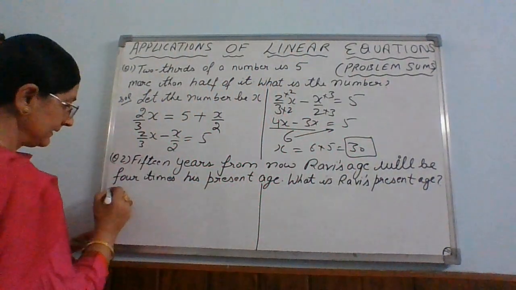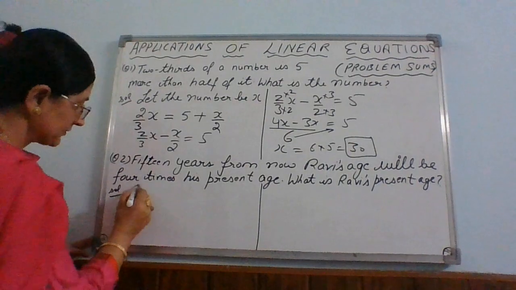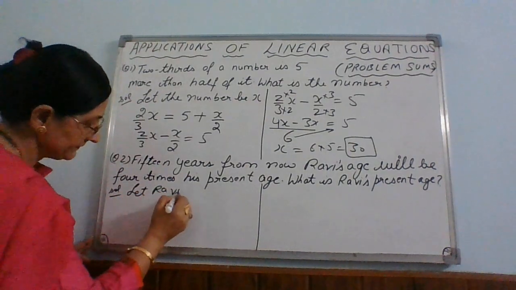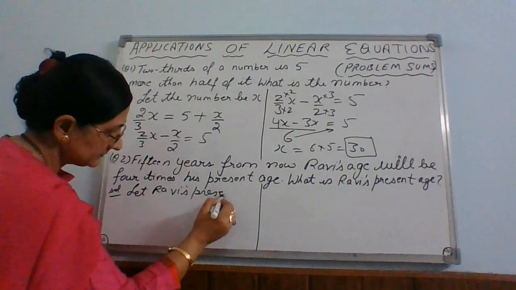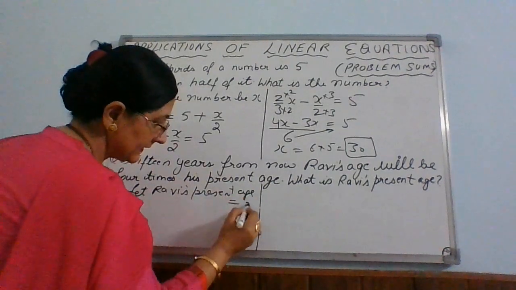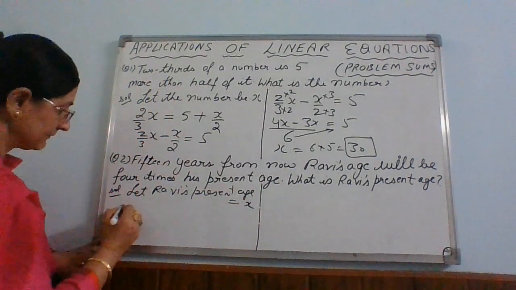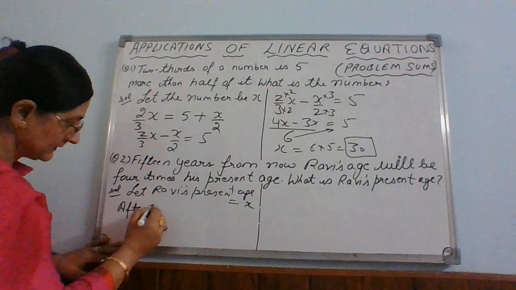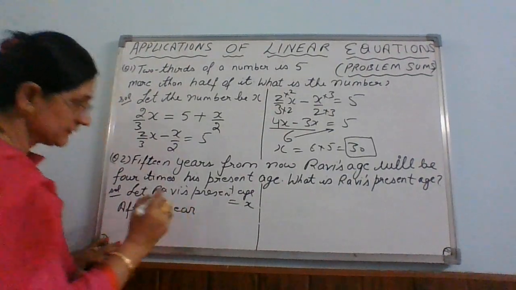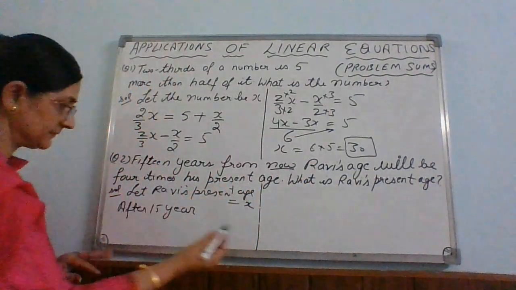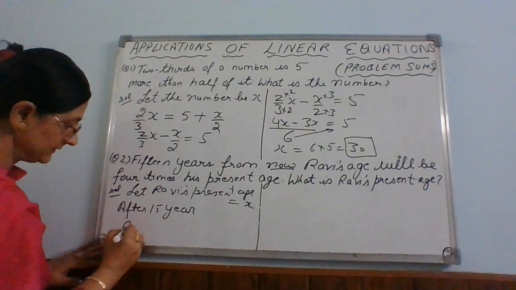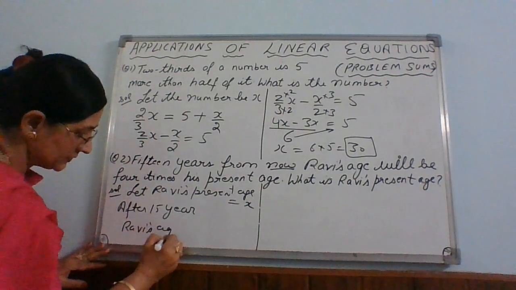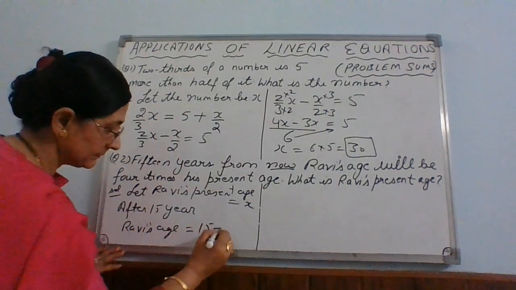Whatever is asked, take that as x. So let Ravi's present age be x, right? Now, after 15 years, now means future. So after 15 years, what will Ravi's age be? Ravi's age will be equal to 15 plus x.